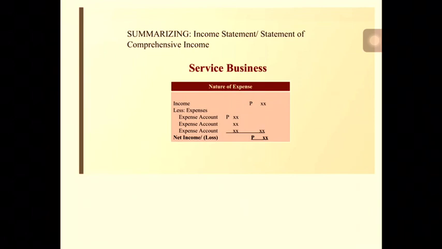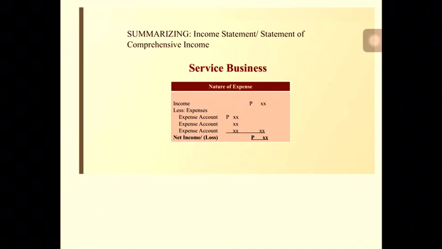The very same expense accounts that were recorded in the journals or in the ledgers of the business will be the same accounts that will be reflected in the income statement if we make use of the nature of expense.